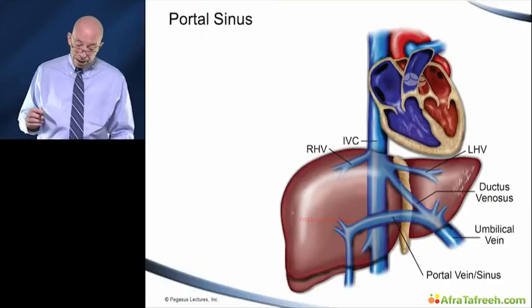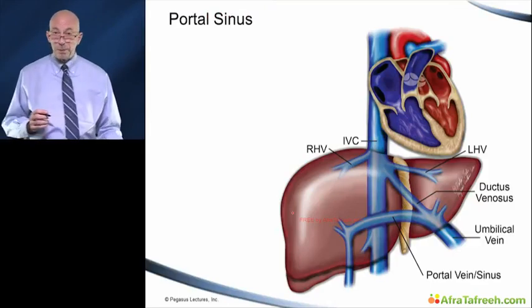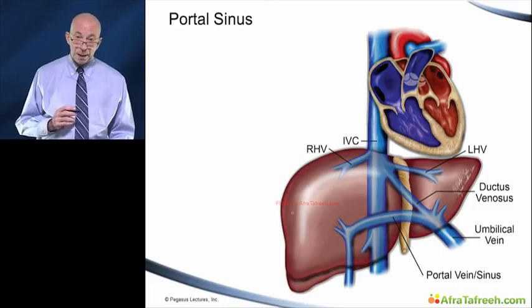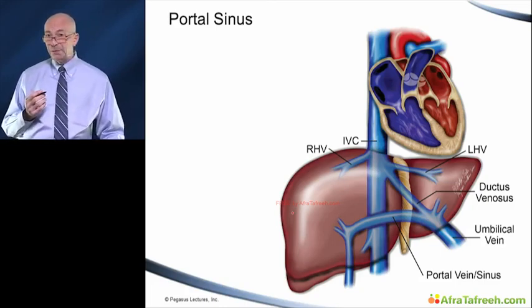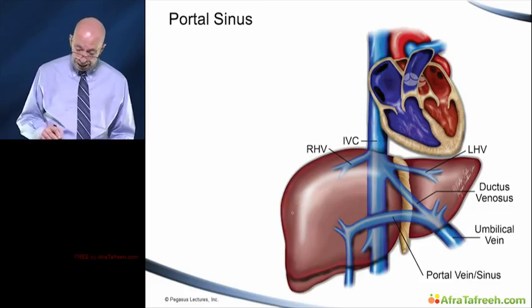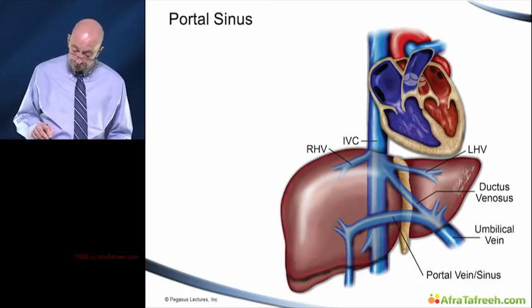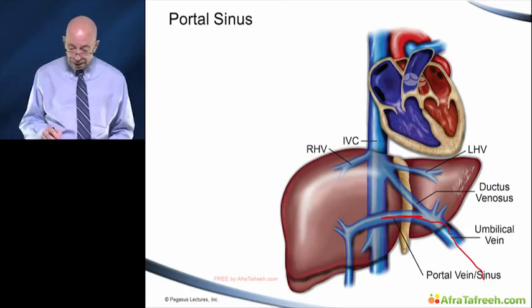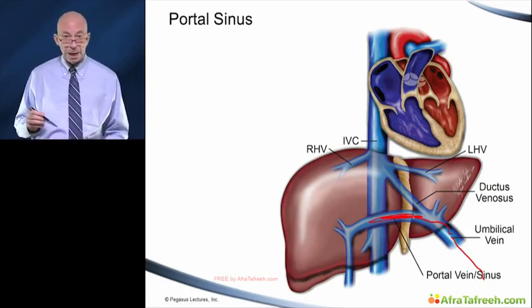The anatomy of the portal vein, the draining veins and the portal sinus, is demonstrated in this slide. Blood arrives to the fetus via the umbilical vein. At the lower surface of the liver, it branches into an anastomosis with the portal vein into something that's called the portal sinus.